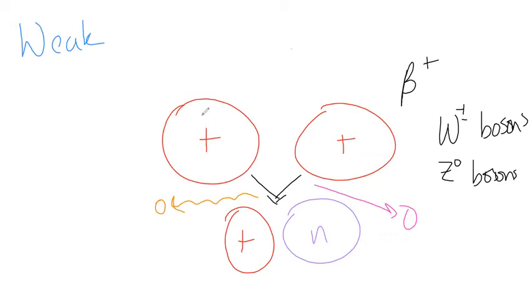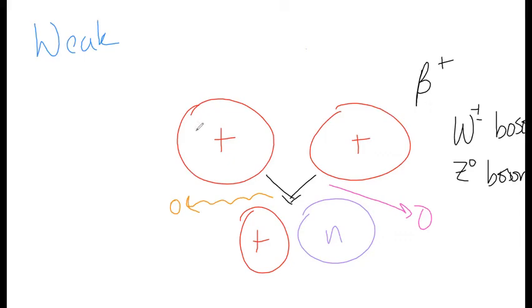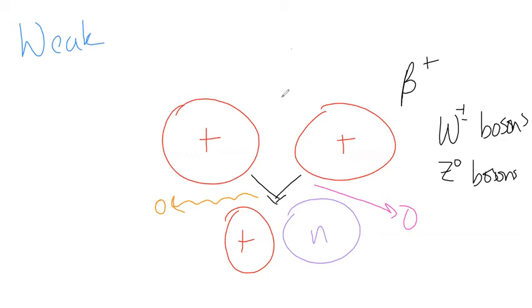Well, what happens here is there are two different methods of decay that we commonly look for. With the weak force, it's beta plus, and we also have beta minus. So in beta plus, what we tend to see is two protons which come together to create a proton and a neutron.